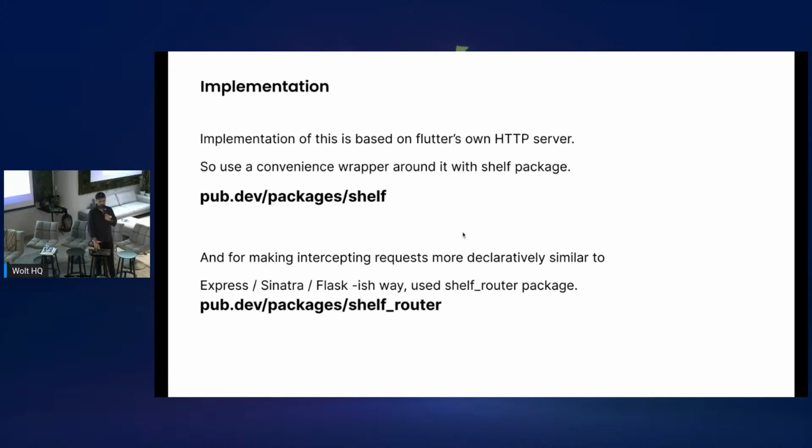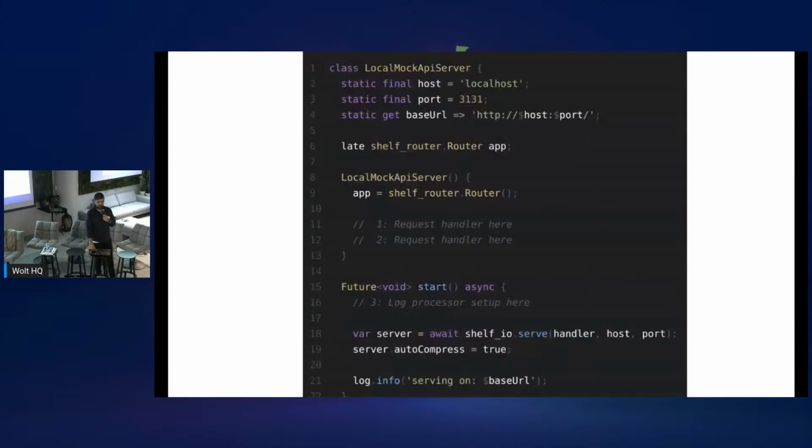And I'm going to show how it's implemented. This just wraps the web server, but to make it really Express style, Node.js style or Sinatra, Flask, whatever backend technology, that kind of routing, you get it with shelf router, which really looks like an app's routing system. And this is how it looks.